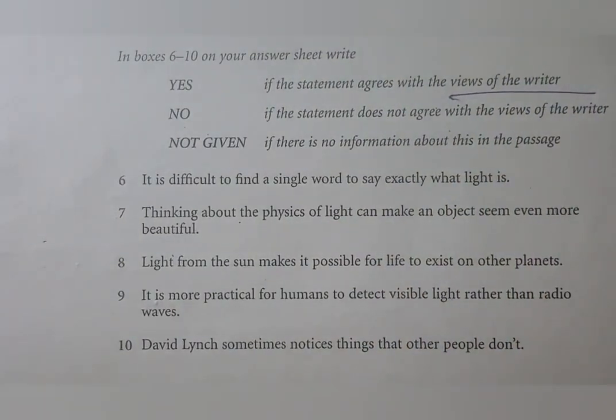Writer views we can find with I also, we can find with we also, with you also, with this also, with one also. There is no end of finding writer view, even if the whole passage is written by the writer. So whole passage is also the view of writer, but these are some of the tips which work very efficiently in some cases. So remember this also, please.